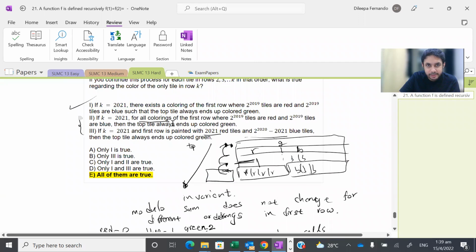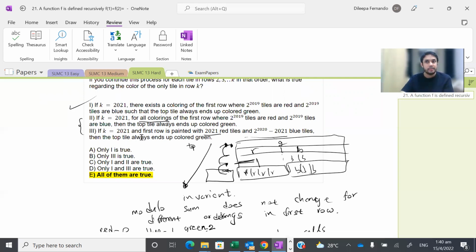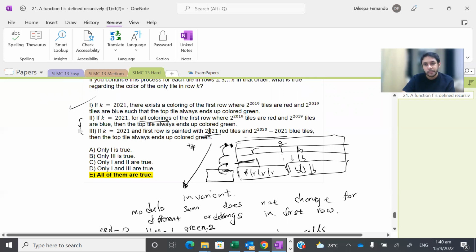So here for all coloring, first row is green. That means for all coloring, the color of the first row is not changed. So we need to find something that does not change for all colorings. So we have chosen the modulo value because modulo value does not change for different orders.